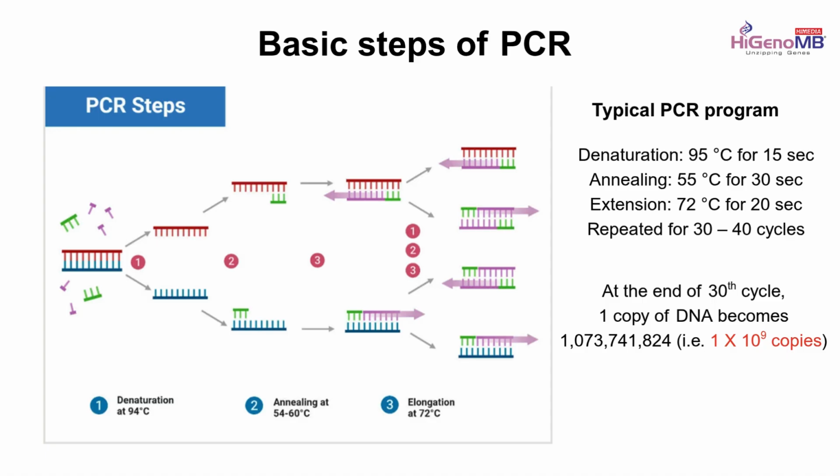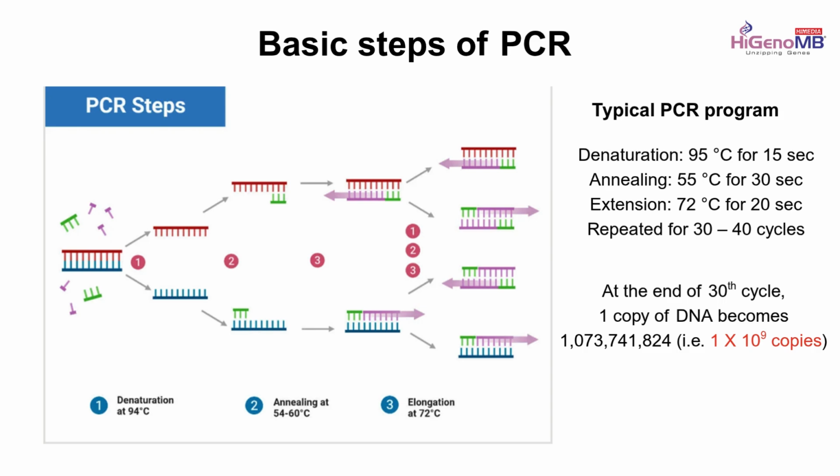So these 3 steps are repeated in multiple cycles, like 30 to 40 cycles, and million copies of DNA is made.